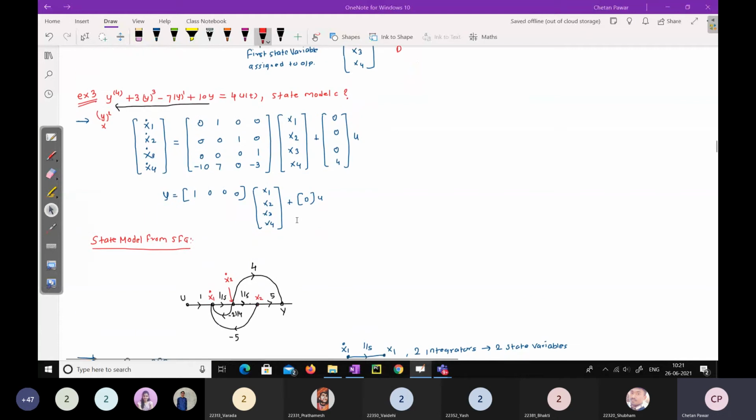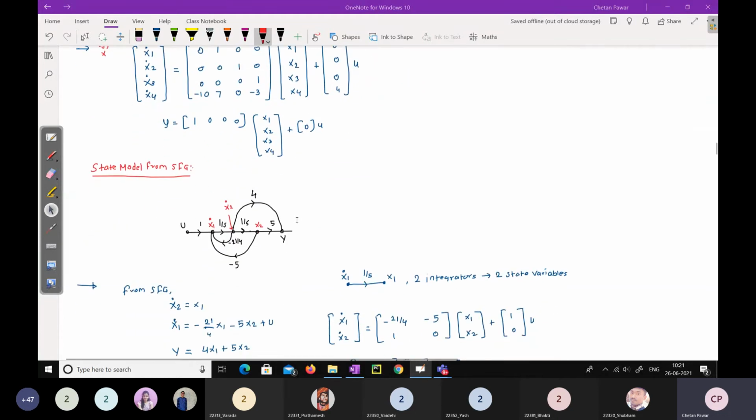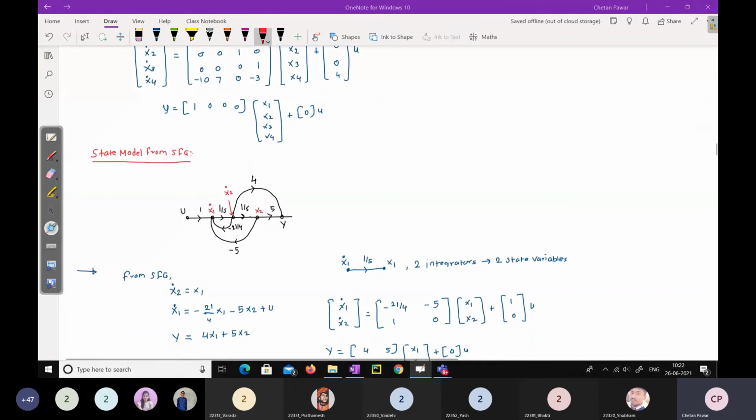Okay, now the next thing is, if they give you the SFG and you need to find out a state model, how will you find it? So the state model you need to find out from the SFG. Now this is the SFG. First identify the integrators present in the SFG. Okay, so here there are two 1 by s terms, this and this.